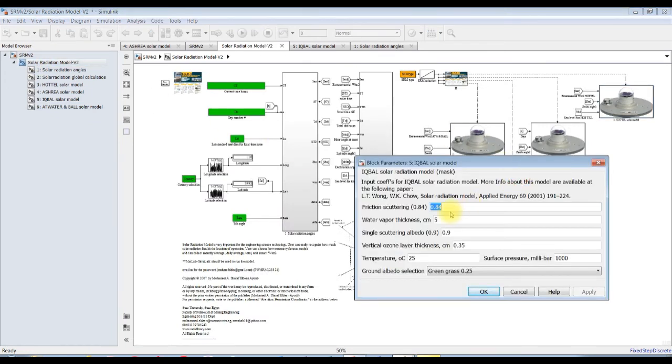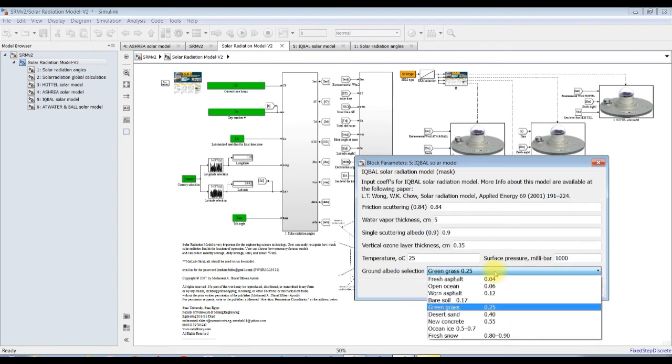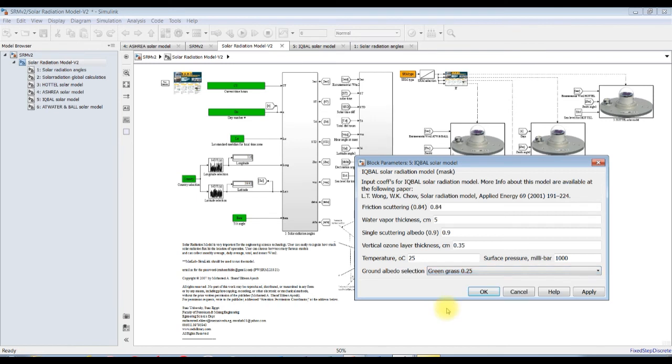We can assign some specifications, such as fraction scattering, water vapor column, single scattering albedo, ground albedo and sky albedo, vertical ozone, temperature and pressure in millibar. And we can choose a ground albedo: desert, snow, ocean, grass, and so on.